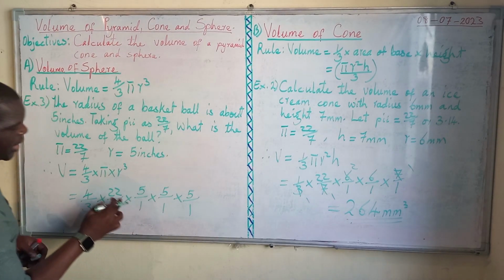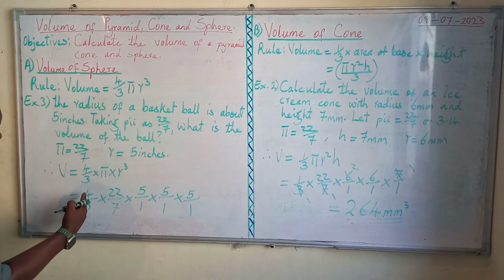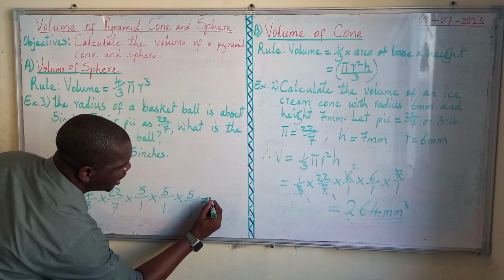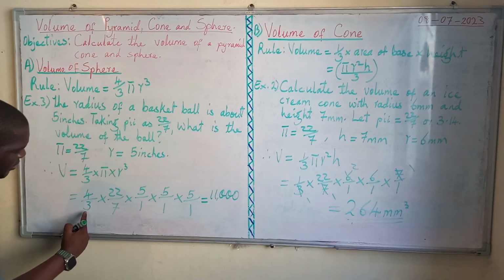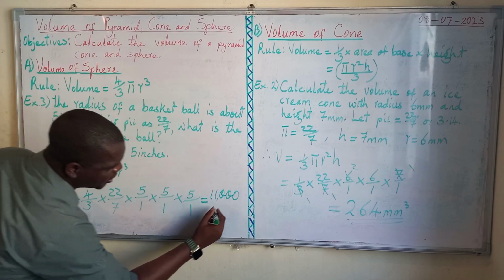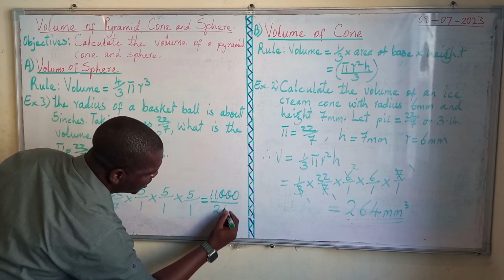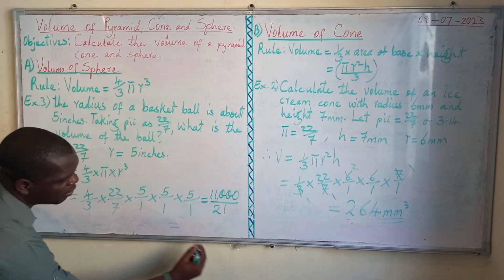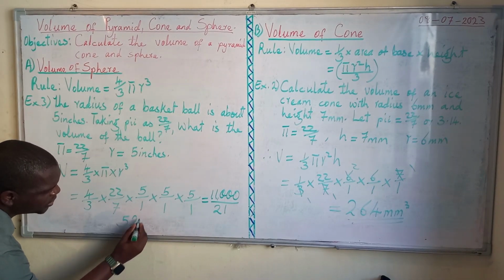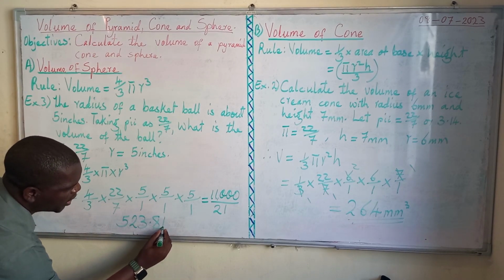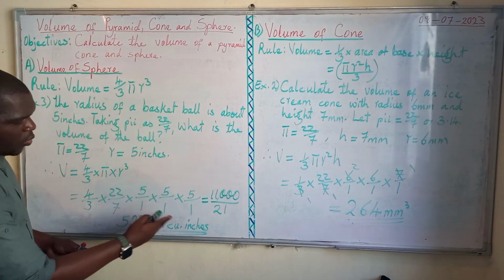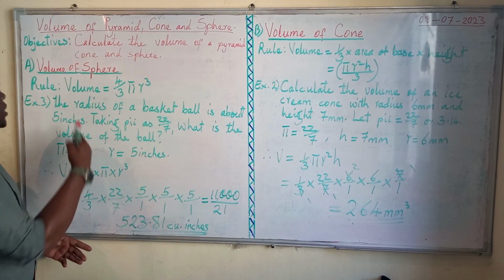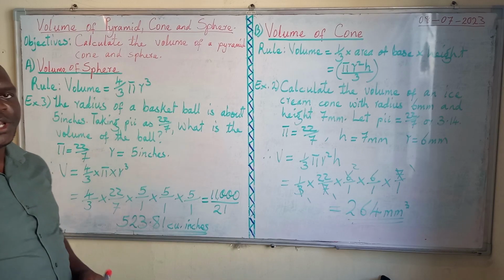Radius appears 3 times because this is cube. 4 times 22 times 5 times 5 times 5 will give us a total of 11,000. And 3 times 7 times 1 times 1 times 1 is going to give us 21. If you divide 11,000 by 21, this will give us a total of 523.81 cubic inches. Always remember to express your answer in cubic units when it comes to volume of a shape.